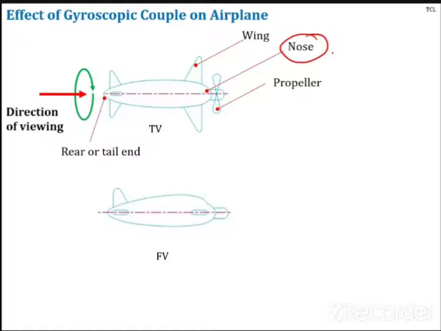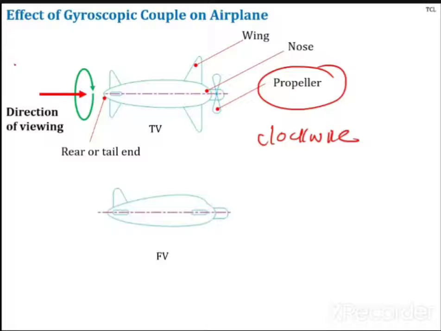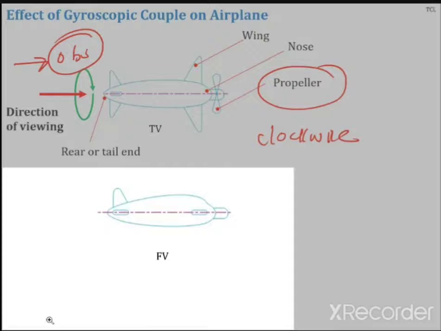First of all, you understand. The front end is called the nose. The nose is nothing but the front end, and the rear end is called the tail end. So basically, it is very, very important from where you are looking and what the rotation is. Now how is this propeller rotating? It is rotating clockwise when looking from the rear end.